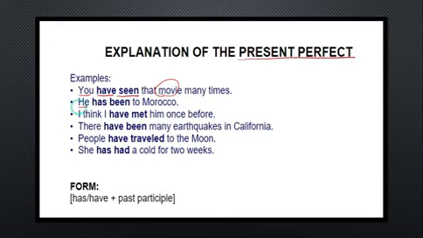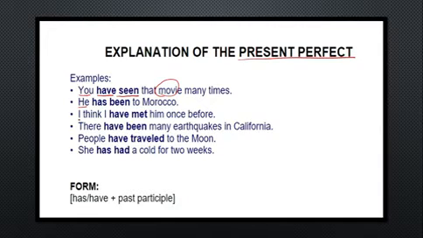For example, in the other one, you can read, he has been to Morocco. This example talks about a place that he or she has been to once or two or more times.